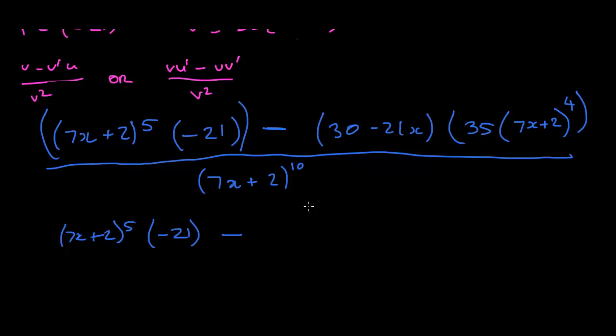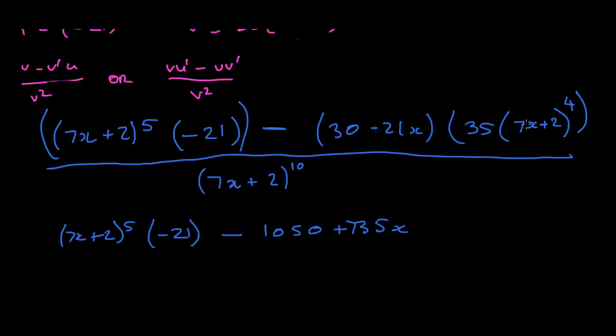So 30 times 35 should be equal to negative 1050, and then 20 minus 21 times 35, minus minus, so that's plus. Since I have this here, I have to expand this so it will turn to a positive, and then the plus 21 times 35 equals 735x, so plus 735x.